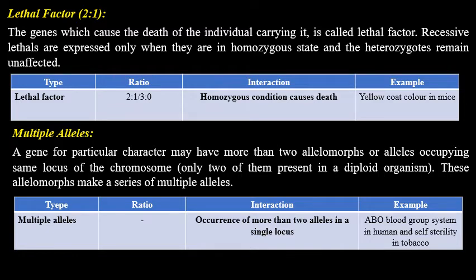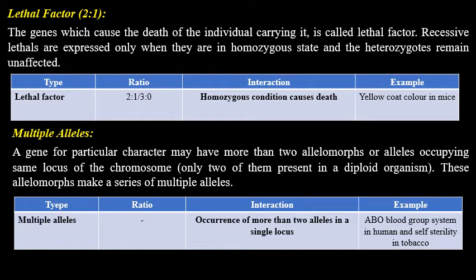The genes which cause the death of the individual carrying them are called lethal factors. Recessive lethals are expressed only when they are in the homozygous state, and the heterozygotes remain unaffected. The example is yellow coat color in mice, which is properly explained in the video. So please see the video.